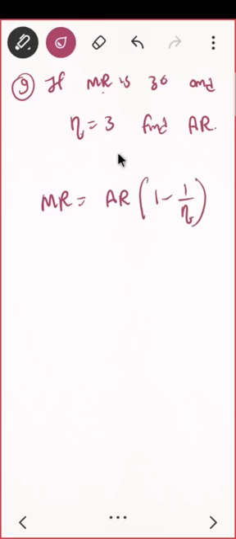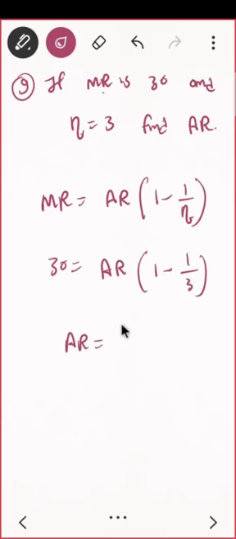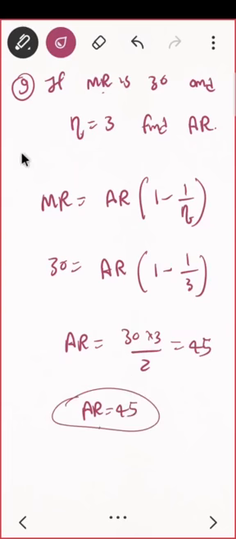So 30 equal to ER into 1 minus 1 upon 3. So ER is 30 into 3 by 2, that is 45. Correct?